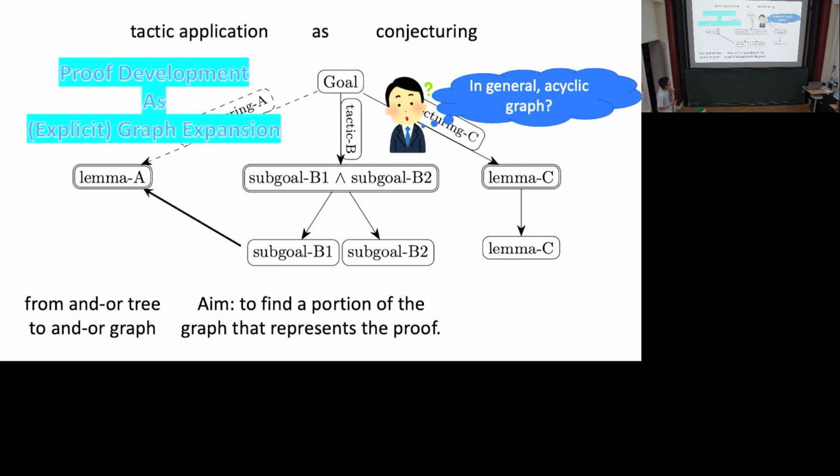Yeah, good point. So here, the goal points to lemma C, right? Which means we can prove the final goal using lemma C. And actually, it depends on the concrete implementation, I guess. But from what I have observed, it's better to have this as an acyclic graph.